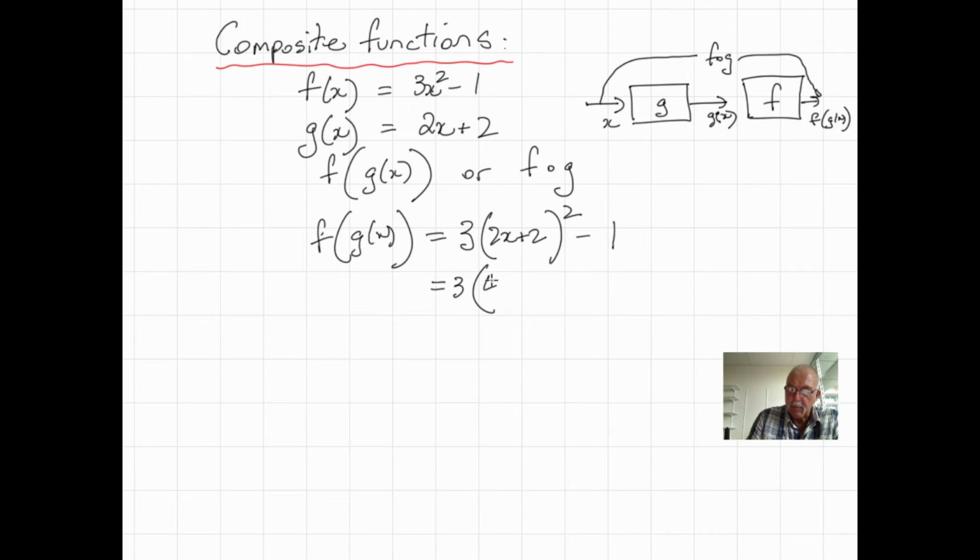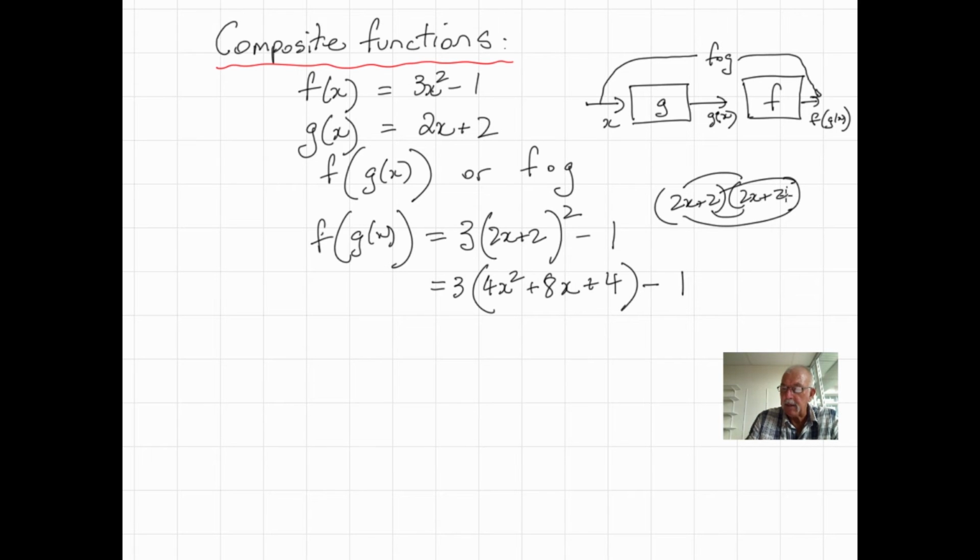First one squared would be 4x squared, outer, so it'll be just the 2 times 4, then twice that will be plus 8x, and then minus 1. So 2x plus 2, 2x plus 2, first, outer, inner, and then last.